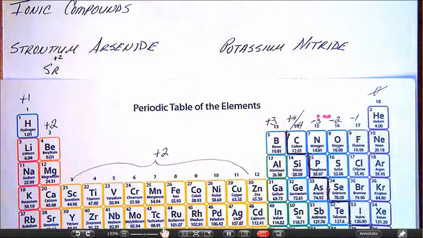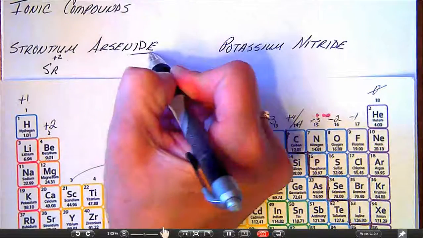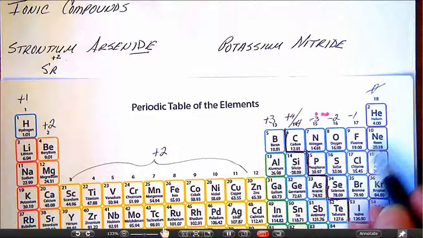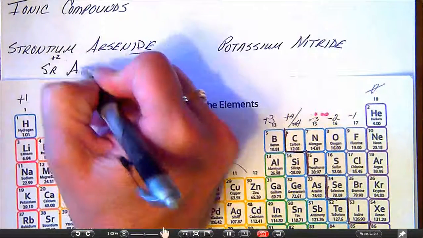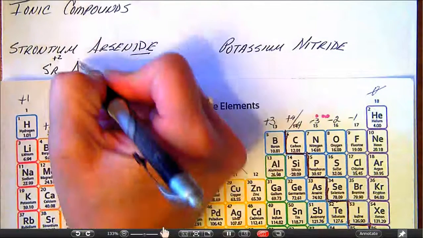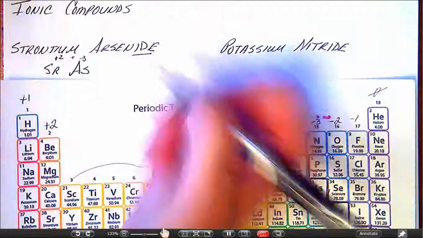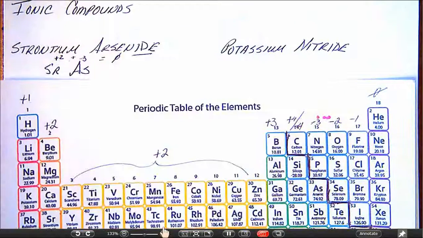That's a +2 oxidation number. Arsenide, remember ide means it's a compound, so we're looking for arsenic, which is over here, As, and it's in the -3 column. We need these two, when you add them together, to equal 0. That means that our compound is balanced.